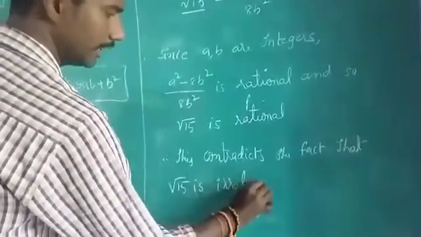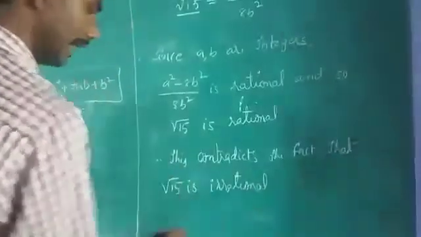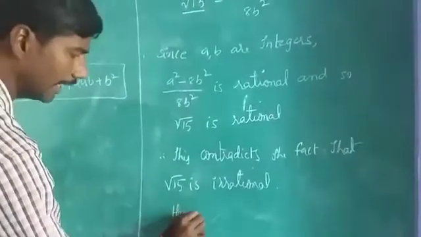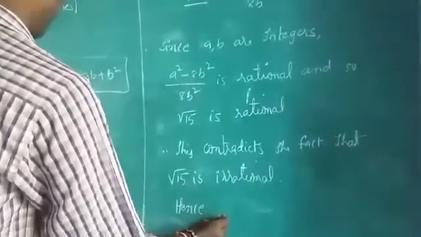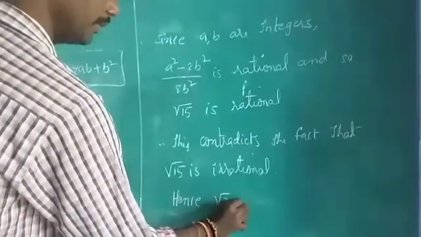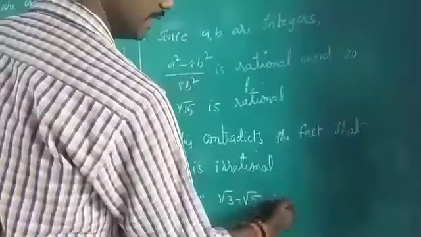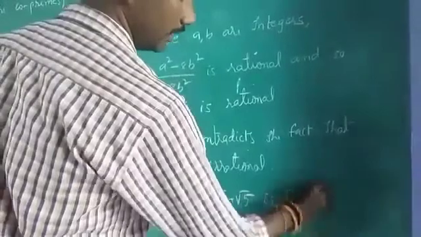We know that it is irrational, but according to our assumption, hence we write, hence root 3 plus root 5 is irrational.